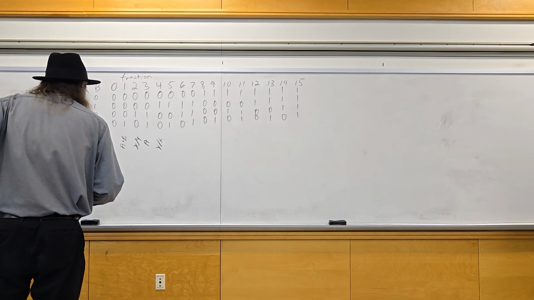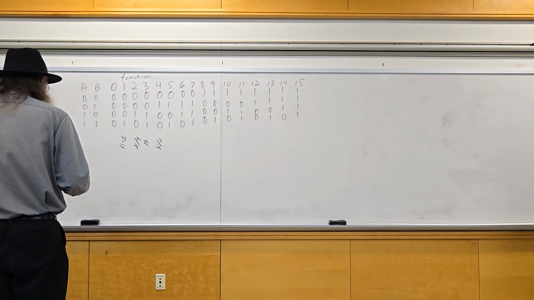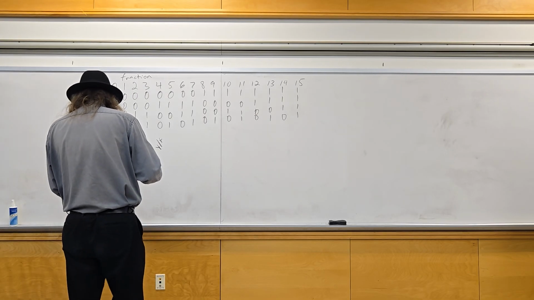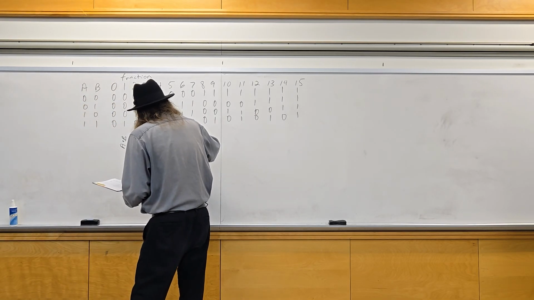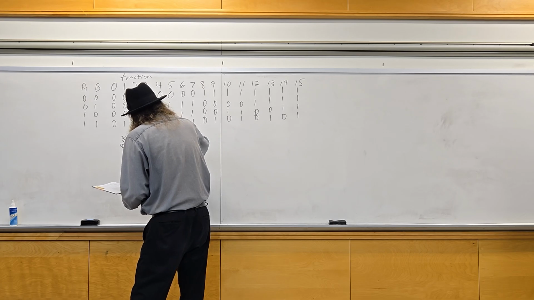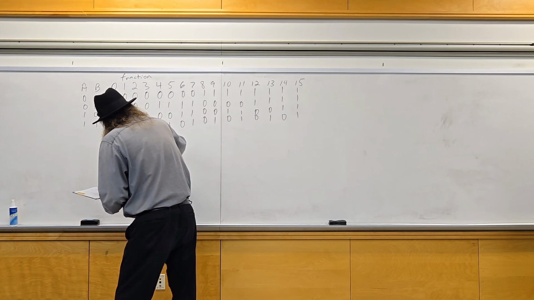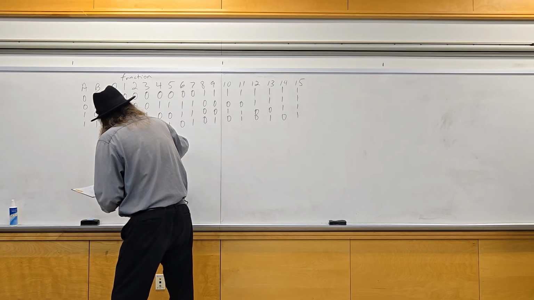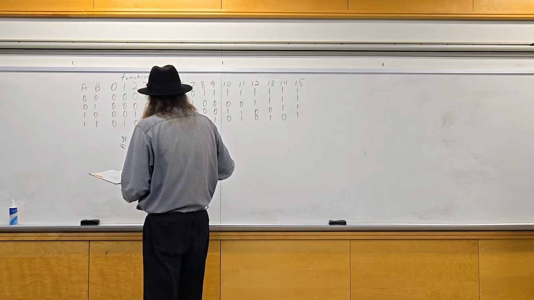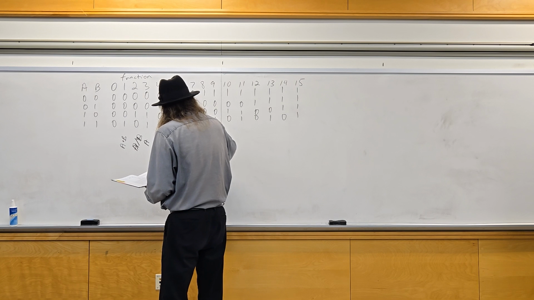Easier to do this with glasses on. Transfer. I'm sorry, B is A. B and A and A B. This is exclusive OR.